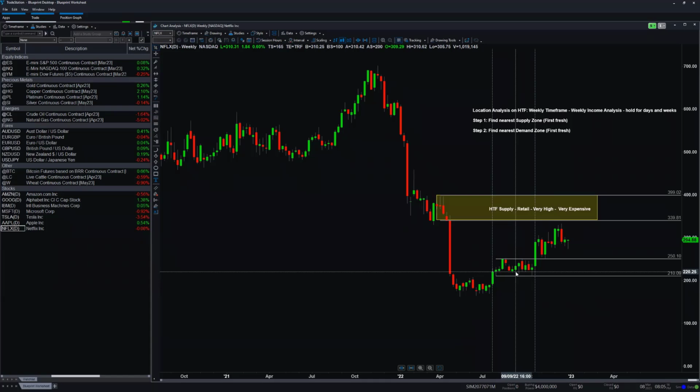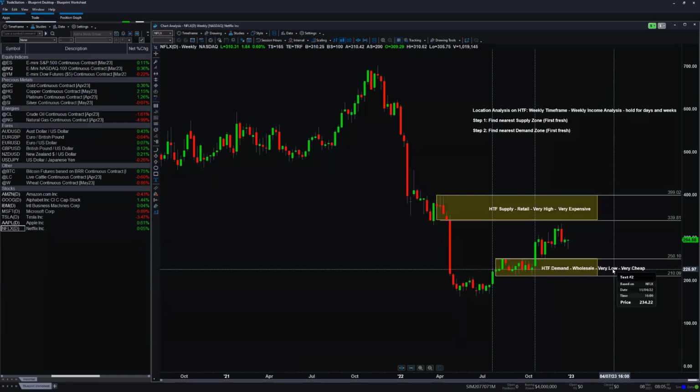And so I have now my demand zone. Higher time frame demand, which is wholesale, which is very low, objectively measured in terms of price. That is very cheap. We have now an area that's very cheap.